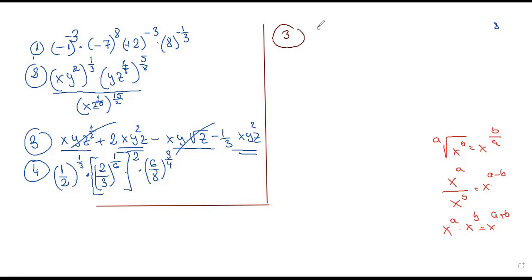Yes, 5 over 3: 3 times 2 is 6, minus 1 is 5 over 3 x y squared z, and this is the final answer. Now let's go to 4.